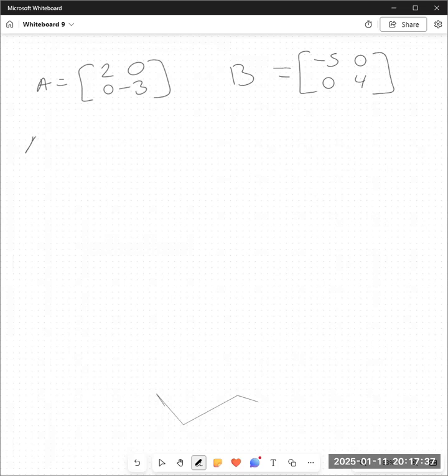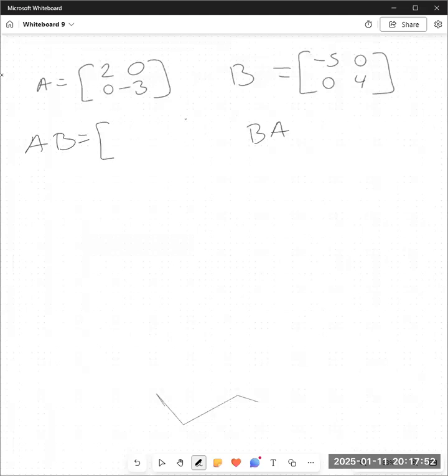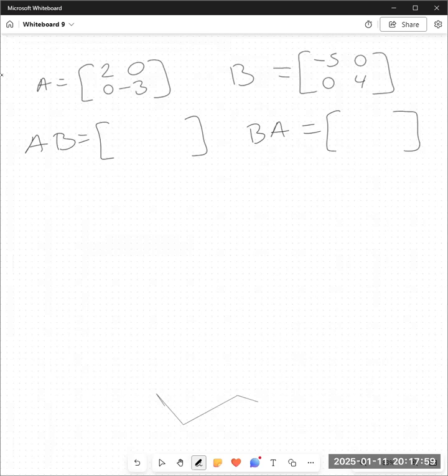And they want us to look at the products AB and BA of these diagonal matrices, where we just have numbers along the main diagonal and zeros everywhere else. I think they want you to draw some inferences here that this is the only time where order of multiplication won't matter.